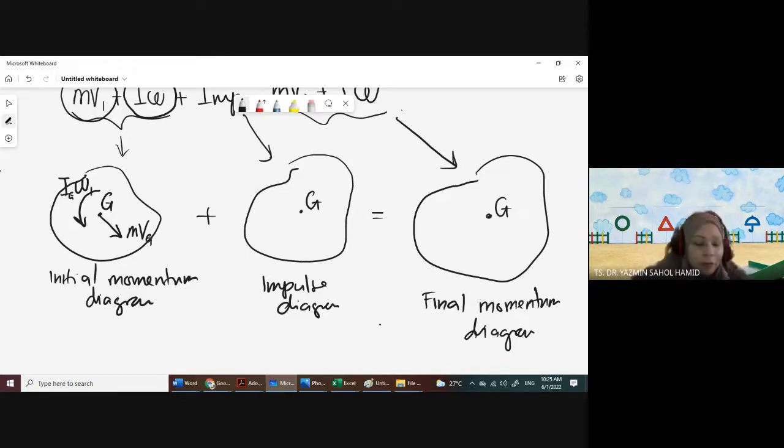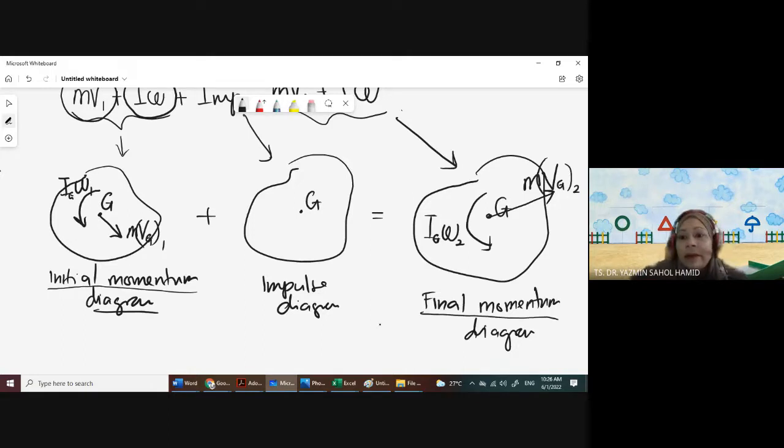Then for the final momentum diagram, it will be the same: mvG, but to differentiate, this is vG1 and this is vG2, and it can also have angular momentum, IG omega2. So this is the initial momentum diagram and this is the final momentum diagram.